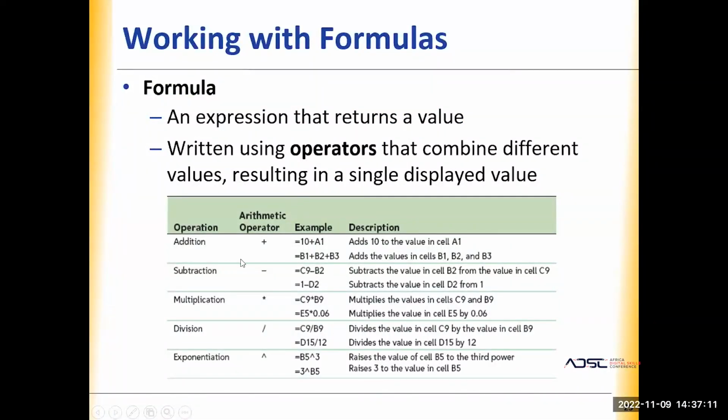So, for instance, an operation called addition, where we have the arithmetic operator as a plus. So we can say, okay, equal to a value, which is 10 plus A1. And when you are doing the addition, it should be numeric values. You understand? It should be numeric values.